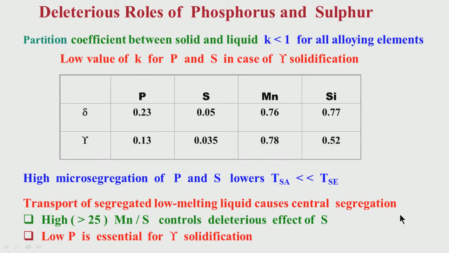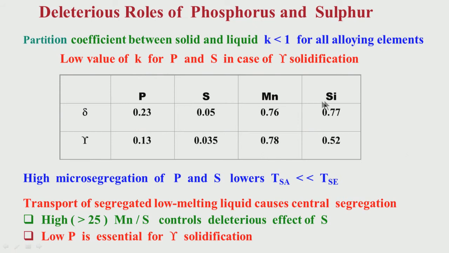Now, as I was telling you, the partition coefficient between solid and liquid, that means this K value, is less than 1 for all alloying elements; it is a question of how low K is, but K is always less than 1. Now, look at the K values for 4 common alloying elements.